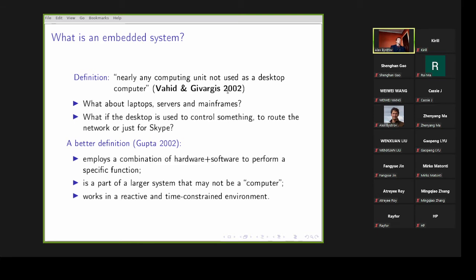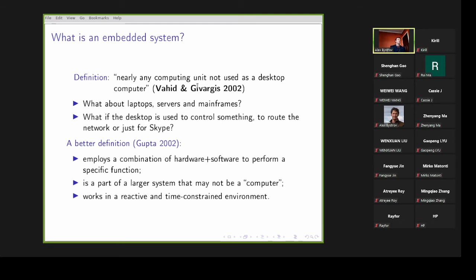But as for academics, they tried to define it. A 2002 attempt, Wahid and Gevarkis. Why am I putting those names? Because these are the authors of a book which is frequently used as an introduction to embedded systems.